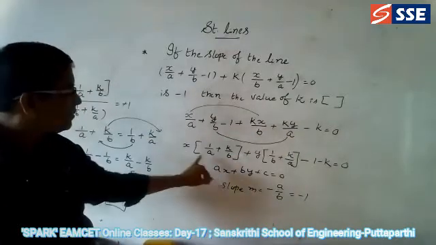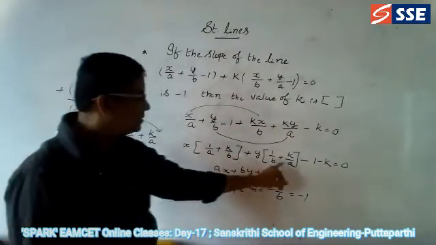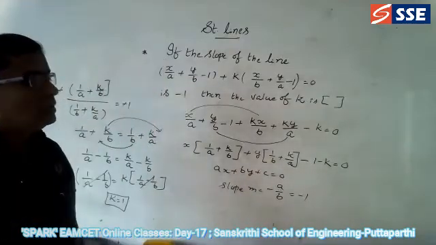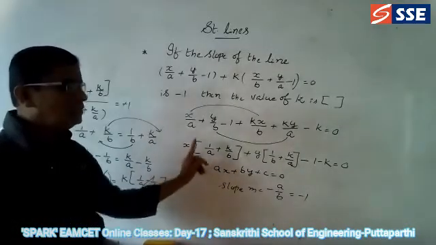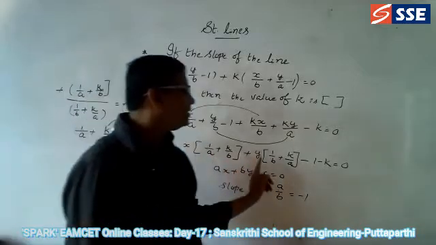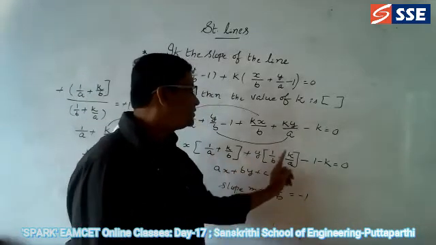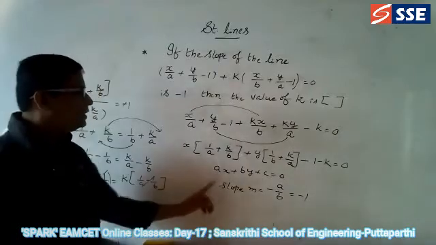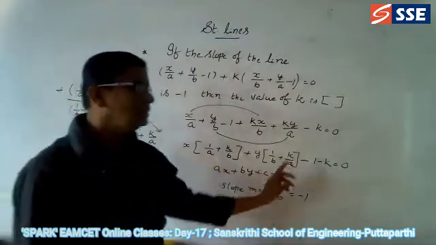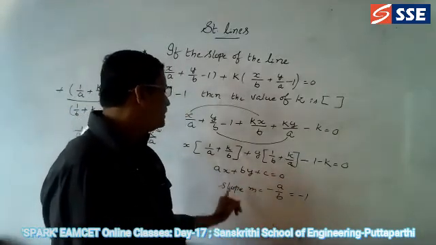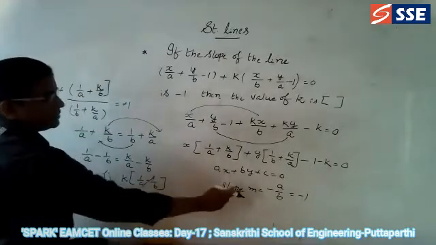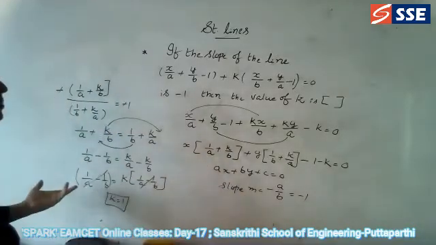This is in the form of ax plus by plus c is equal to 0. So x into 1 by a plus k by b plus y into 1 by b plus k by a minus 1 minus k is equal to 0. Comparing these two, the slope of a straight line is minus a by b.